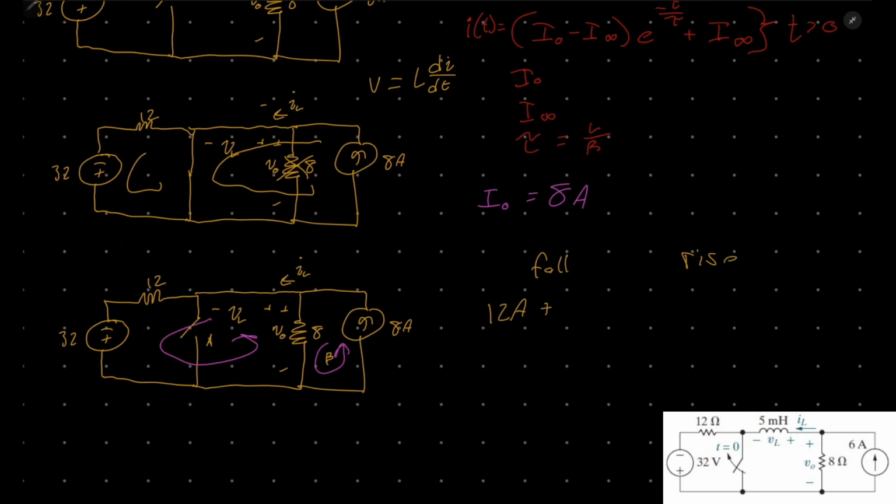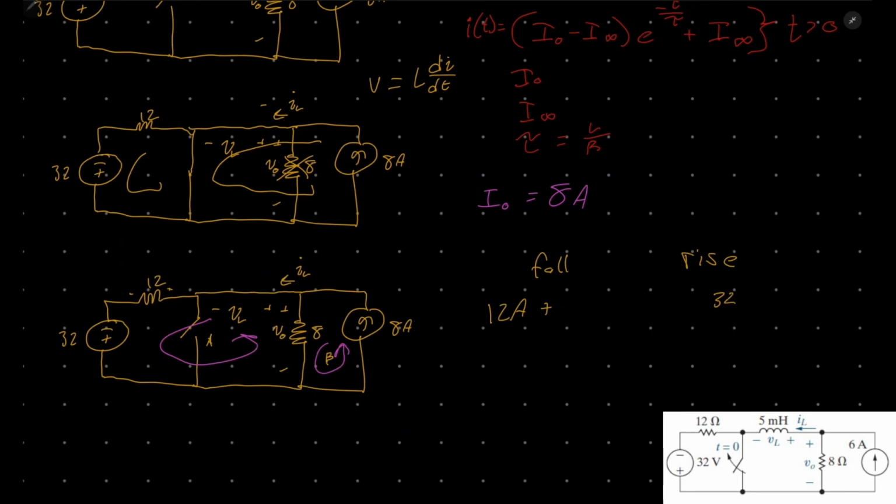Everything on this side of the equation is going to be fall, everything on this side will be rise. This is because resistors naturally are fall, and we are doing our loop in this counterclockwise motion. Since this is a rise, it's going to be on the other side of the equation, 32.